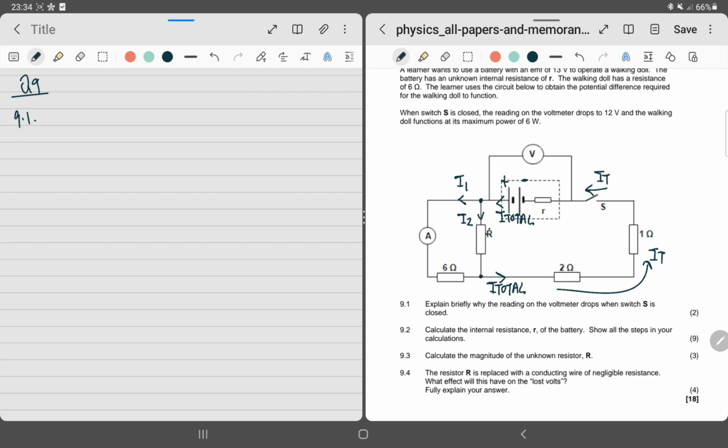9.1. Explain briefly why the reading on the voltmeter drops when switch S is closed.